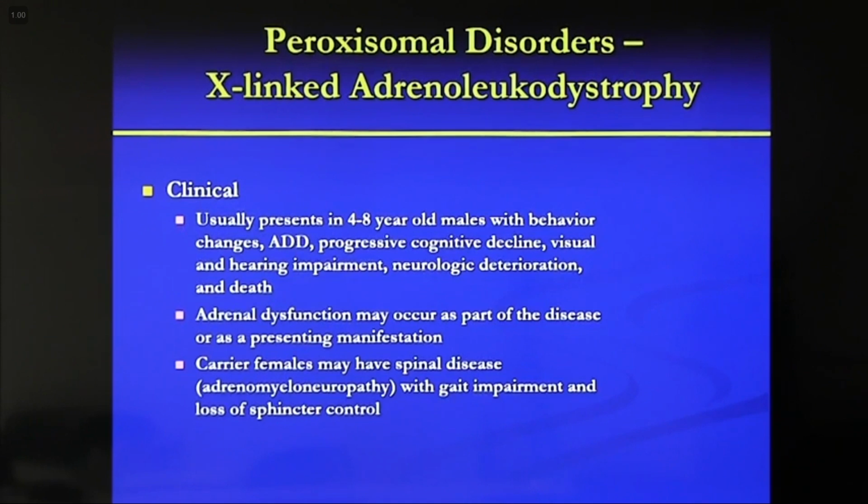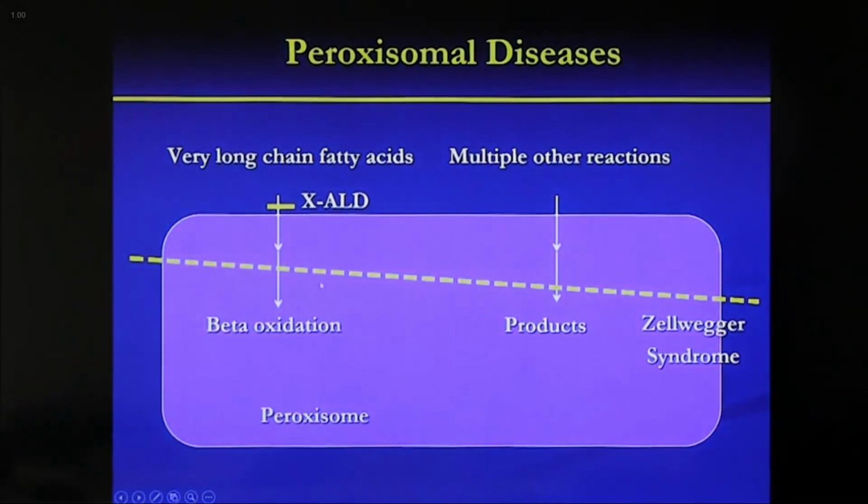So this is not completely X-linked recessive, but this is the form, the severe form, that we need to talk about. This is a disorder of very long chain fatty acid oxidation. So it turns out that there are these very long chain fatty acids that are like 26 carbons long, and they are digested in the peroxisome, not in the mitochondria. X-linked adrenoleukodystrophy is a problem with the transporter, so they never get into the peroxisome.